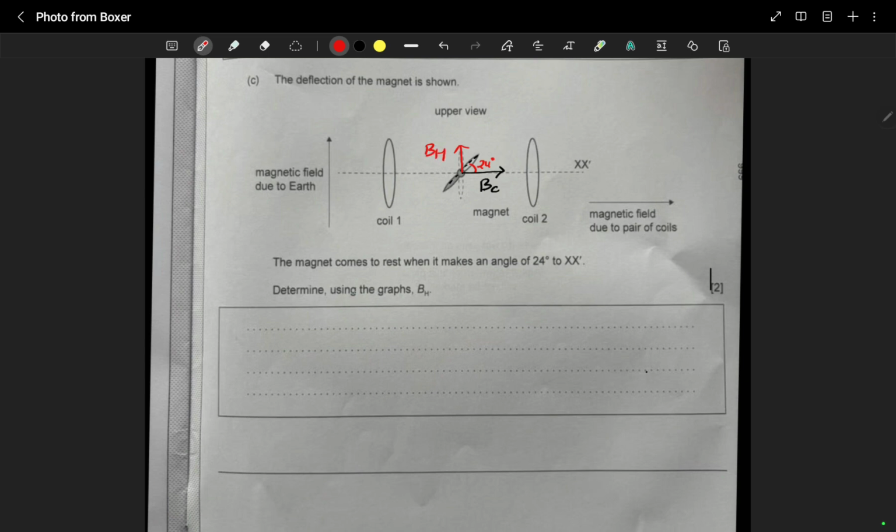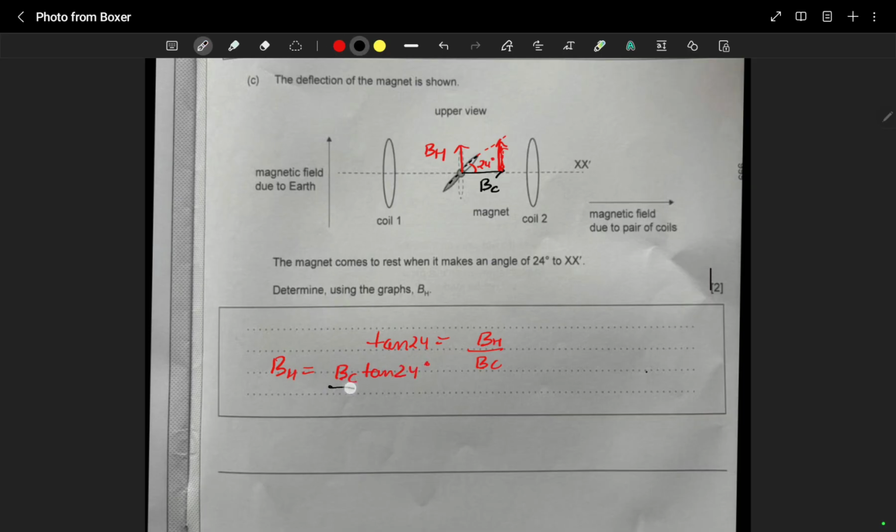This is what we have to find out. They're asking to determine BH using the graphs. So from here, if I use trigonometry, can I write tan 24 equals BH over BC, because I can redraw BH somewhere over here, right? So BH is nothing but BC tan 24 degrees.